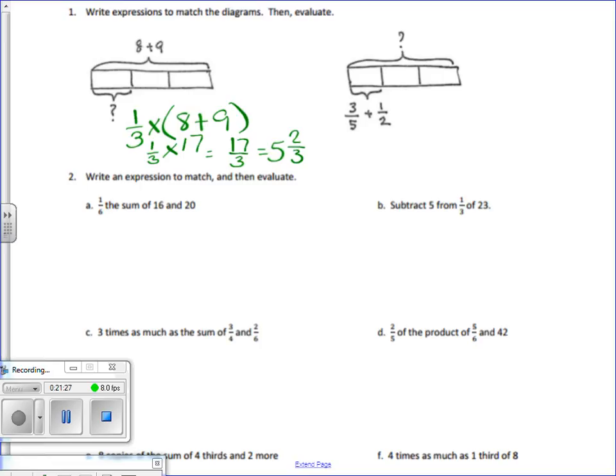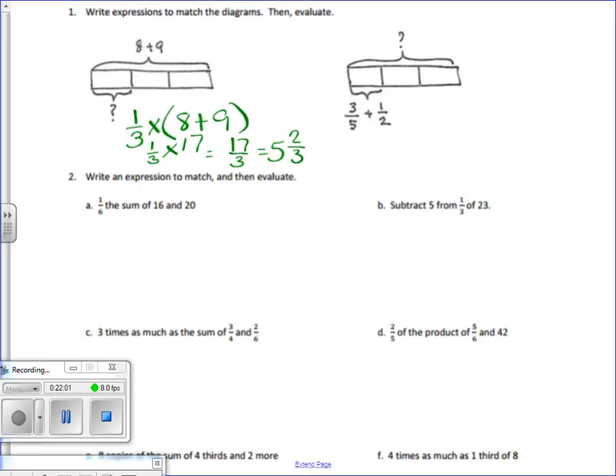So, this is not the same as this. The difference is here we don't have the total. Here we have the parts. This is just like the second problem we did. So here I have 3/5 plus 1/2, and we're trying to figure out what is the question mark.